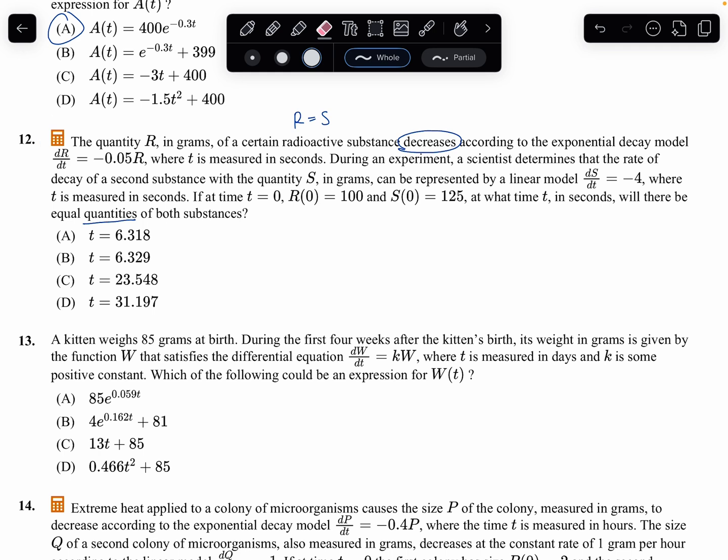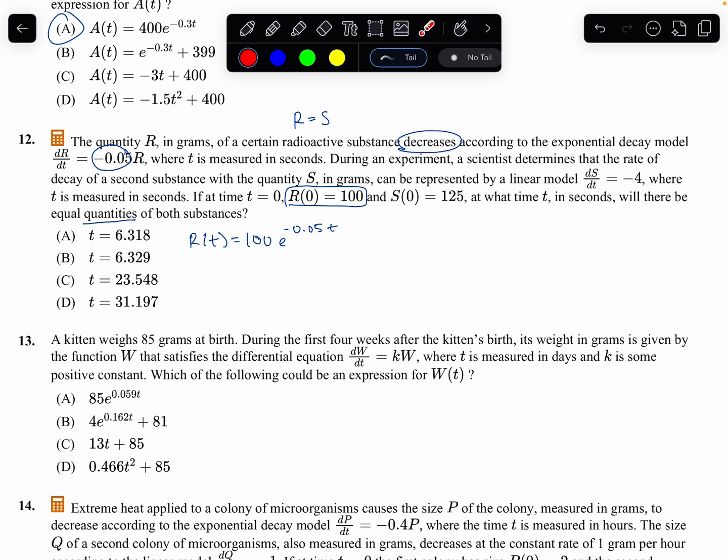So R is an exponential equation. We also have the constant right here. So I can say R of t is equal to 100 times e to the negative 0.05 t. This is the constant because I can tell from the differential equation given to us. So that's R of t.